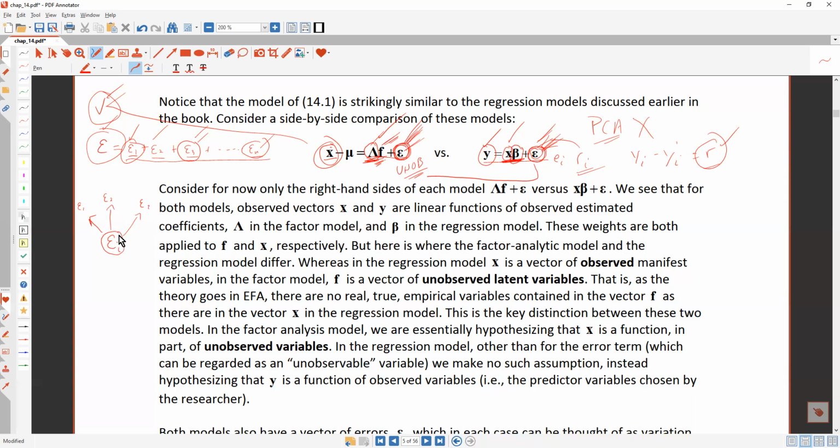Now, when we get to looking at structural equation models a little bit, we're interested in what's contained in here. And you might even theorize that the stuff contained in the error term for one factor might be related to the stuff contained for another factor.